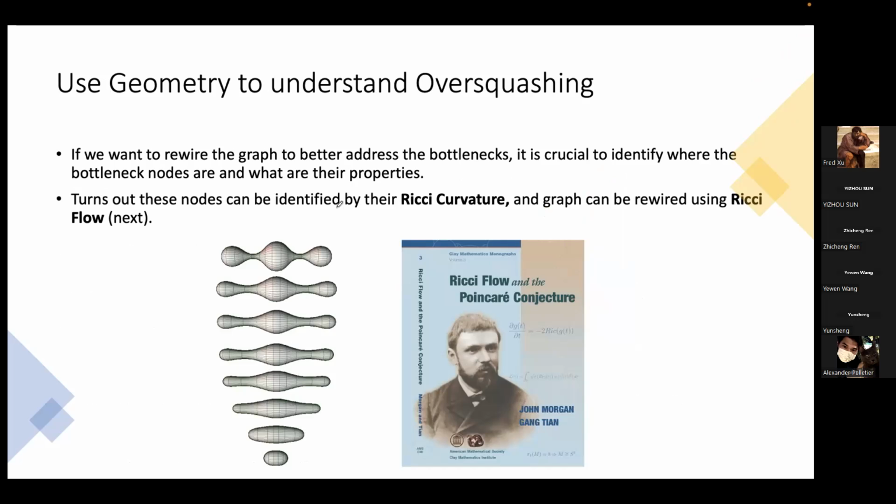So this paper gained insight from differential geometry with a construct for the Ricci curvature, and they want to apply the analogy of Ricci curvature to graph, and then use this ODE called the Ricci flow to evolve the graph structure. So you may have seen Ricci flow before in the news. It is, I think, one of the very important tools used to solve the Poincare conjecture.